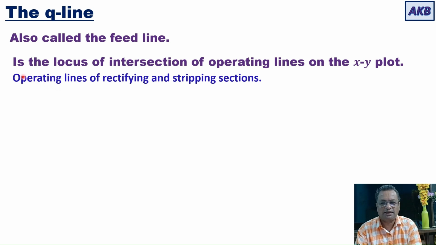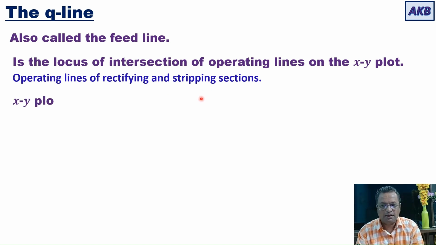That's why we understand the Q line as the locus of intersection of operating lines on the XY plot. If someone asks you to define the Q line, you can define it in this way. The Q line is the locus of intersection of operating lines on the XY plot. Which operating lines? Operating lines of the rectifying section and the stripping section.